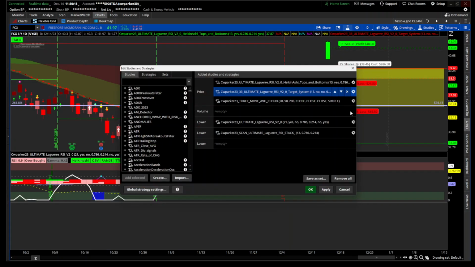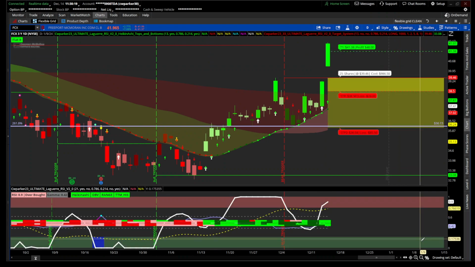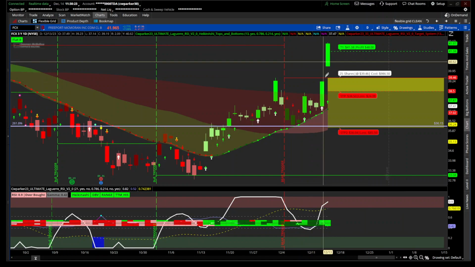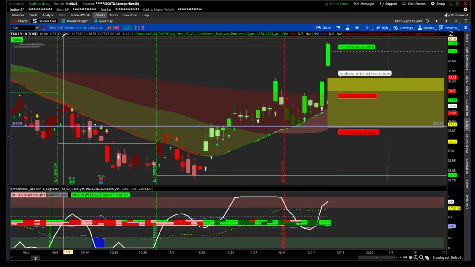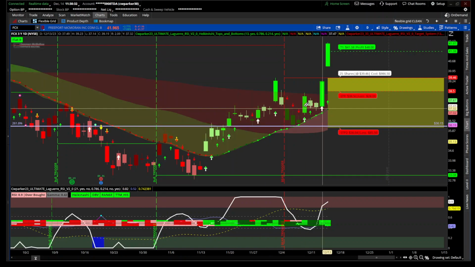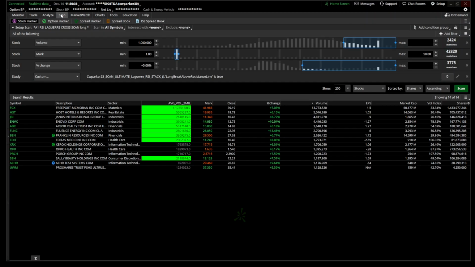And I'm going to take this indicator off because it's just going to cause the screen to scrunch up. You see here's this break above the resistance line. And it's a gap up. So Freeport McMoRan Inc. But anyway, that's a break above its resistance line, if you're looking for a close to break above the resistance line.